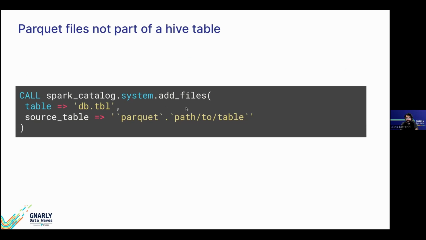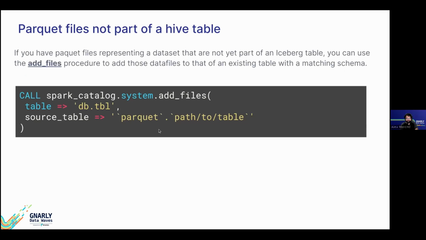Now, what if you just have a bunch of Parquet files on your Hadoop that aren't organized into a Hive table, or you have Parquet files from a Delta Lake or Hoodie table or some other situation? You just have other Parquet files that are sitting around, not in a Hive table, that you want to add to an Iceberg table. In that case, you have the add files procedure. The add files procedure allows you to take any file or any directory of files and say, take these files and add them to this table.